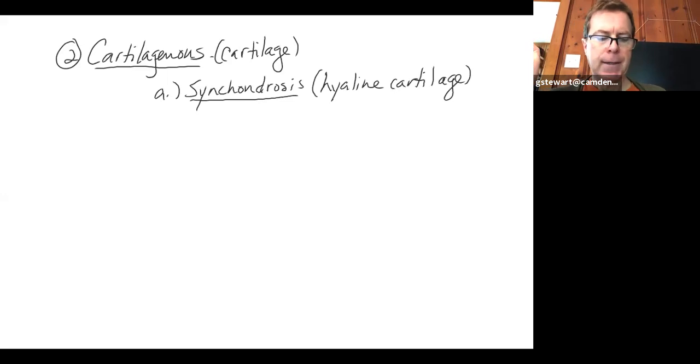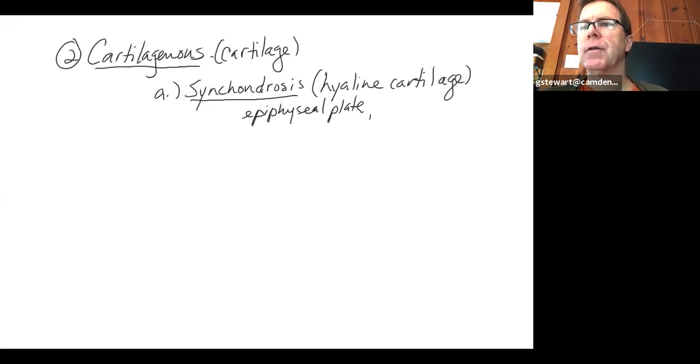All right. I'm going to give you an example, like a growth plate, epiphyseal plate. Is a very typical one. Also, costal cartilage. Costal means ribs.